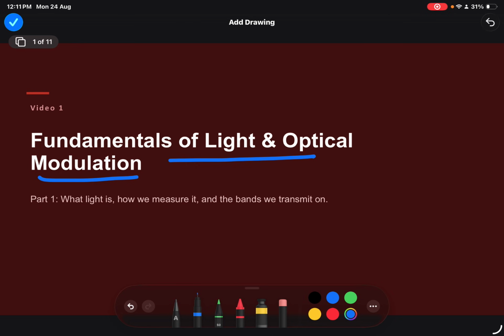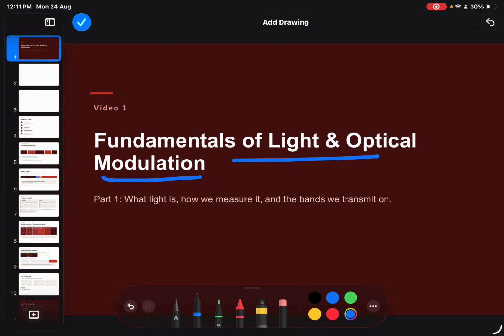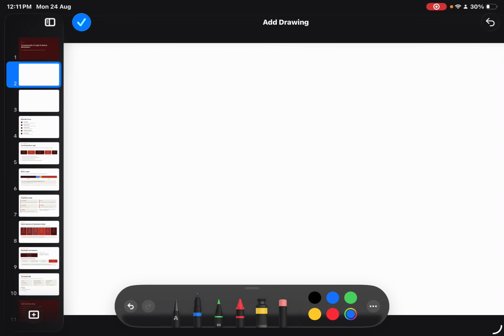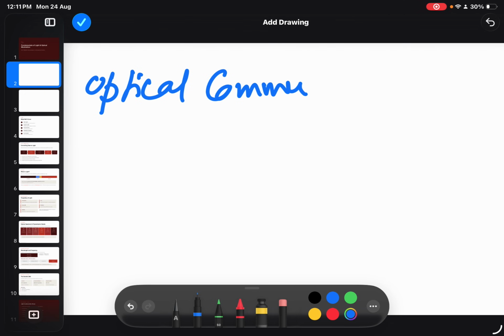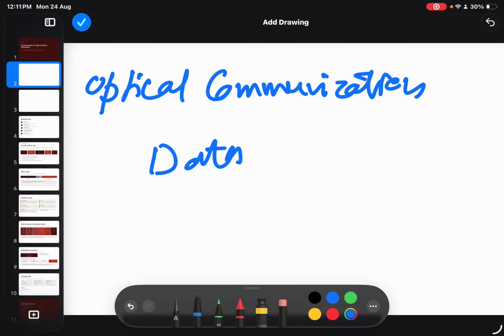So let's start with a little bit of the basics of optical communication. Now this optical communication is where we are basically converting our data to light, and that will be sent or propagated in the medium where this light can travel.